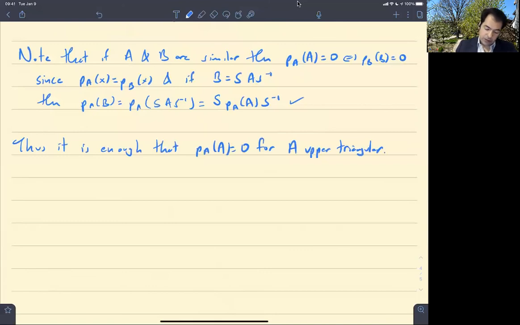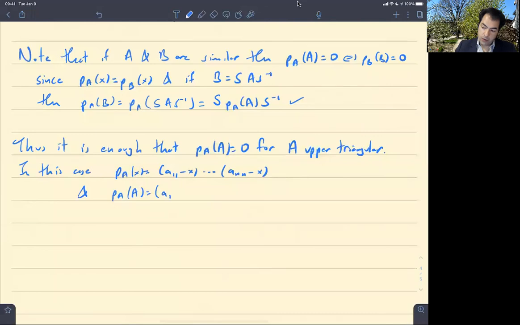Okay, so in this case, P_A of X is equal to (A11 minus X) through (ANN minus X). And correspondingly, P_A of A would be (A11 times the identity minus A) through (ANN times the identity minus A).